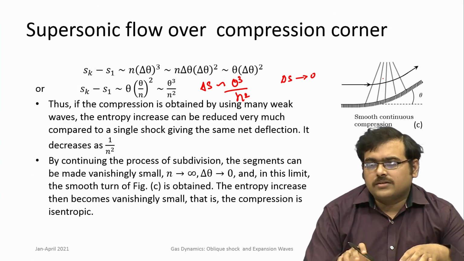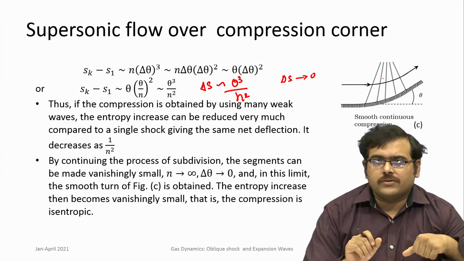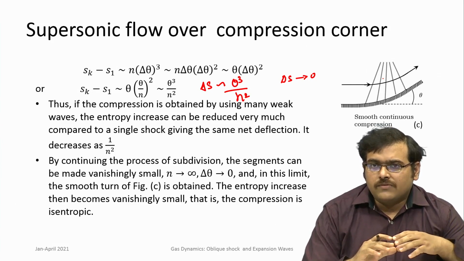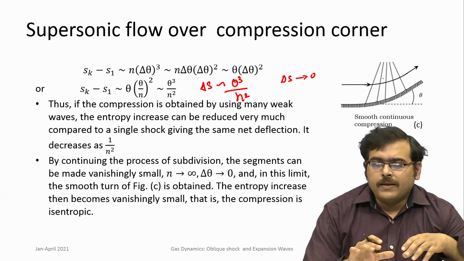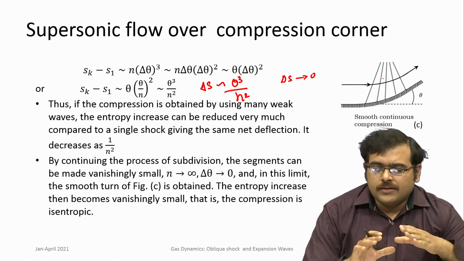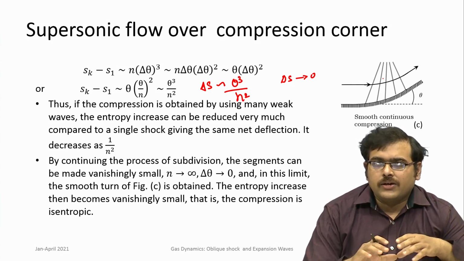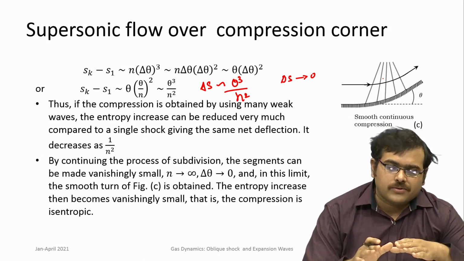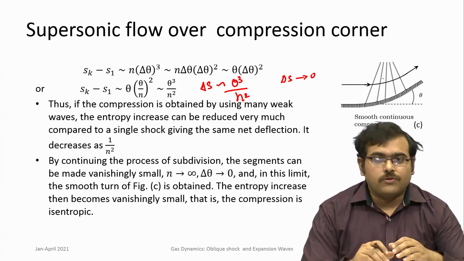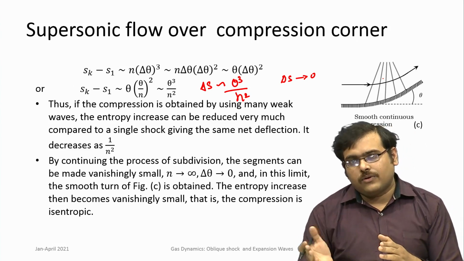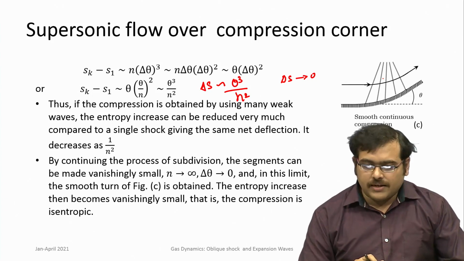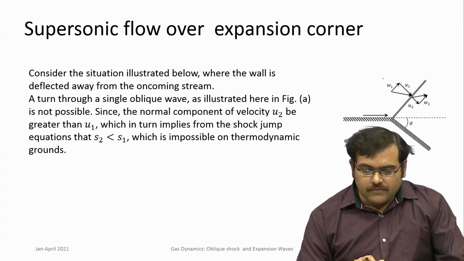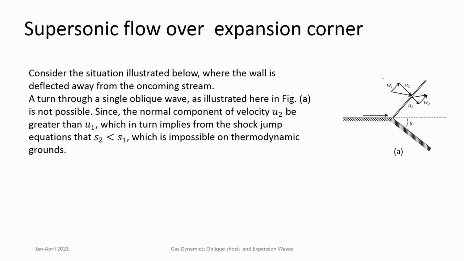But this small analysis on gradual turns gives you an idea that if the flow changes gradually, then the flow is essentially isentropic, and there is no problem with violation of the second law of thermodynamics. Therefore you can turn the flow away from itself, and this always happens by means of a gradual turn.